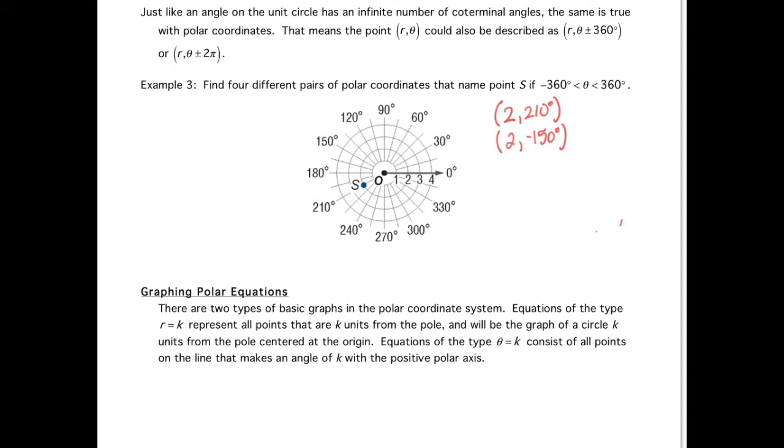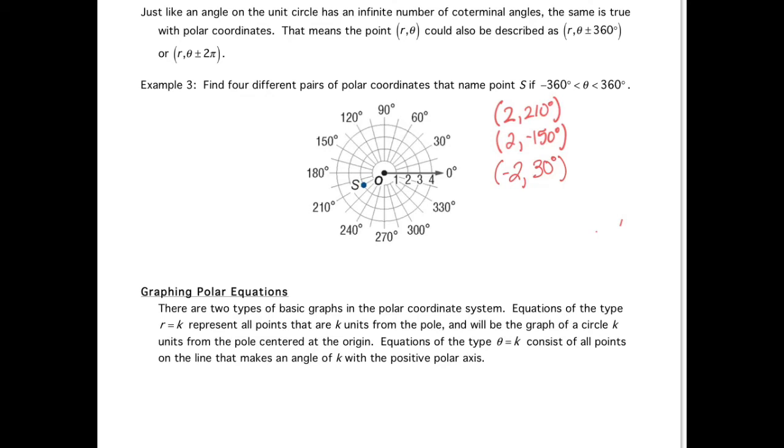So there must be something else that I need to do now. And that's to say, okay, well, what happens if I make my radius negative? Then I need to look at the angle I am across from. So point S, if I use a value of negative 2, is across from 30 degrees. So I could also say that it is (negative 2, 30) because it's on the side opposite of the pole from 30 degrees.